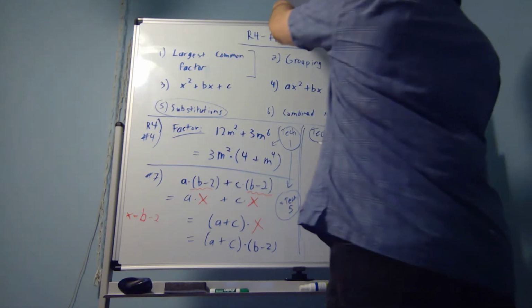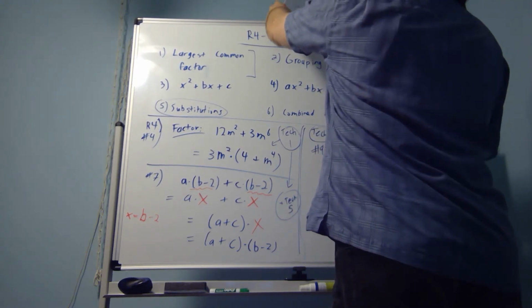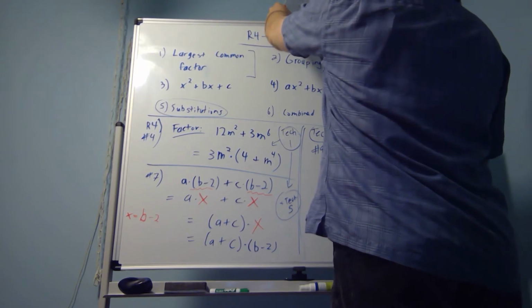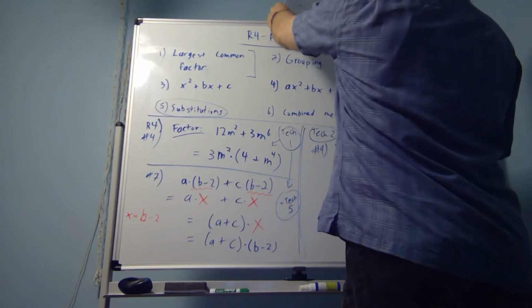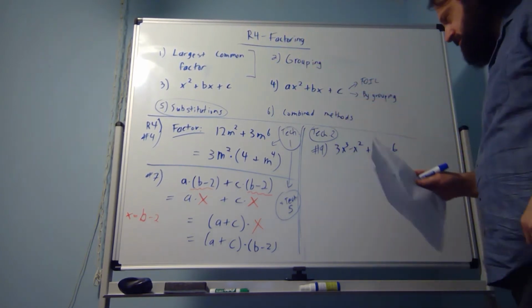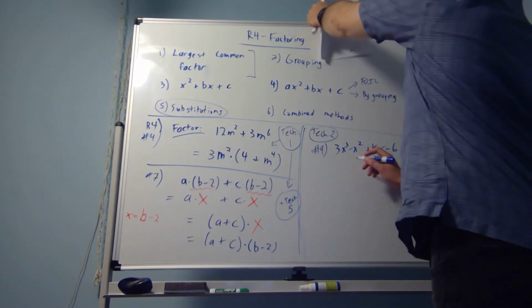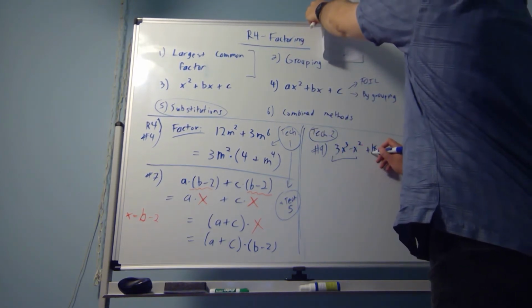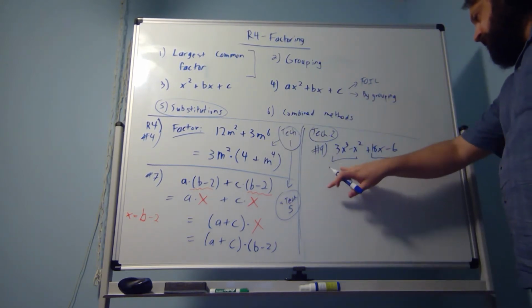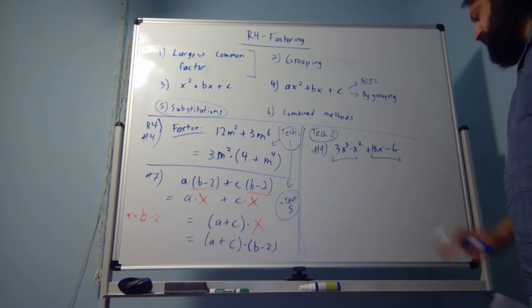So in review, for problem number 9, we've got 3x cubed minus x squared plus 18x minus 6. So what do we get here? By grouping, whenever you have just 4 terms, you can group whatever you want, as long as you don't group the highest power with the lowest power.